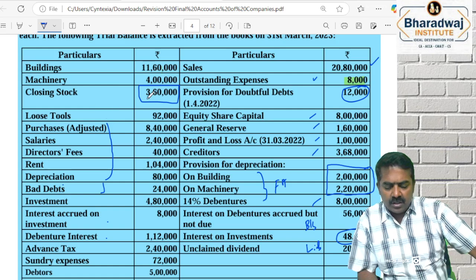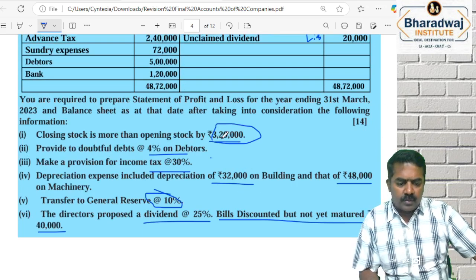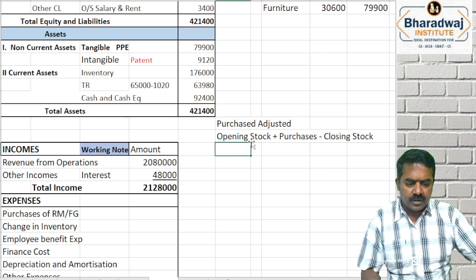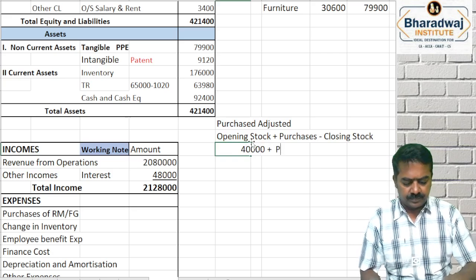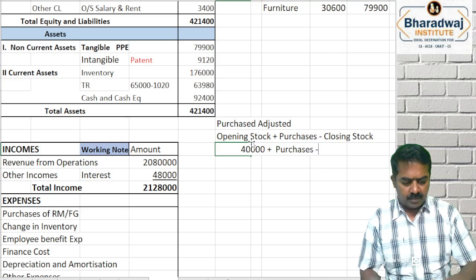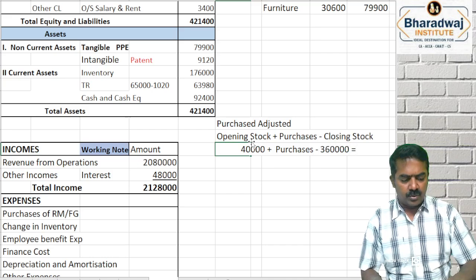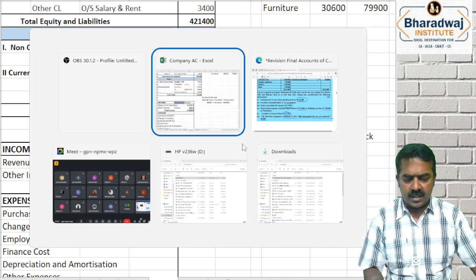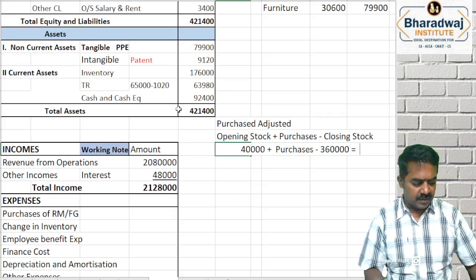Closing stock is given as 3,60,000, which is more by 3,20,000. So opening stock would have been how much? 40,000 plus purchases, which we don't know, minus closing stock 3,60,000. This is what is given in the question. Adjusted purchases is given as 8,40,000.